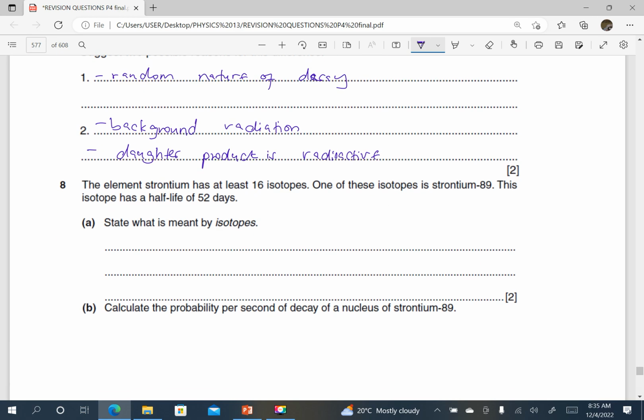The element strontium has at least 16 isotopes. One of these isotopes is strontium-89. This isotope has half-life of 52 days. State what is meant by isotopes. So we have said isotopes, these are nuclei having the same number of protons, but different numbers of neutrons.